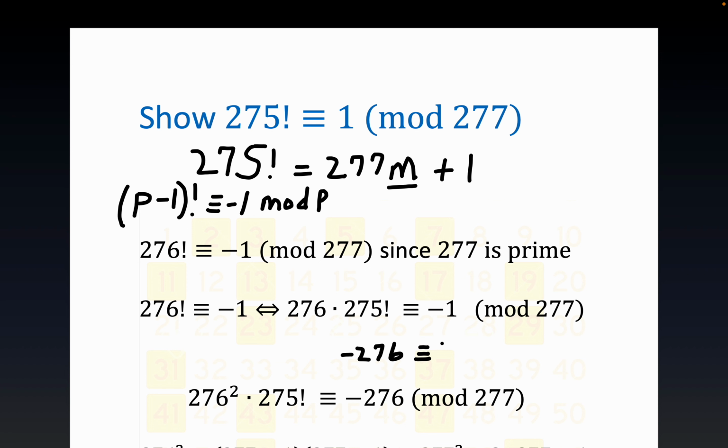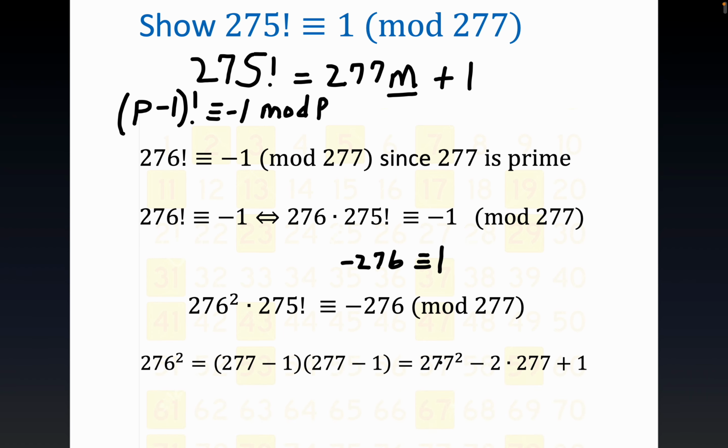So that kind of motivated multiplying through by 276. Now it turns out there's another nice thing going on with 276. Let's go down to the next line. 276 squared is 277 minus 1 times 277 minus 1. That gives us this expression. But notice right here, if you factor out a 277, you get 277 times 275, plus 1.